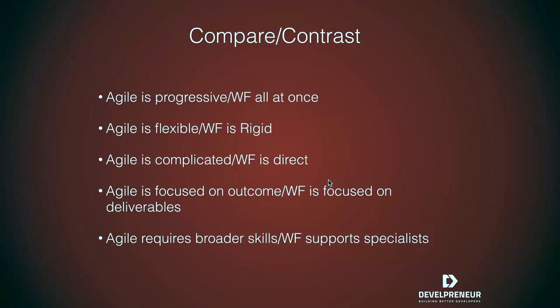Because in a sprint, you're going to be more responsible, as an implementer, let's say, for gathering and understanding the requirements and doing some design and going back and forth with the testers. You're going to be sucked into all these different places, and if you don't have any experience in them, you're going to struggle. If you've got a broader skill set, you're going to be much more effective in an Agile environment.